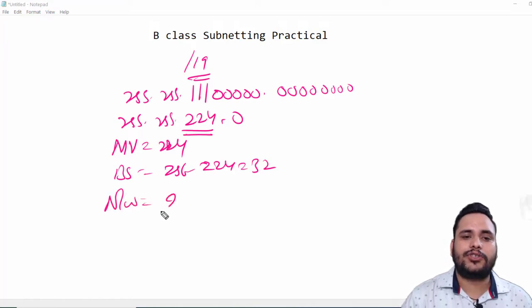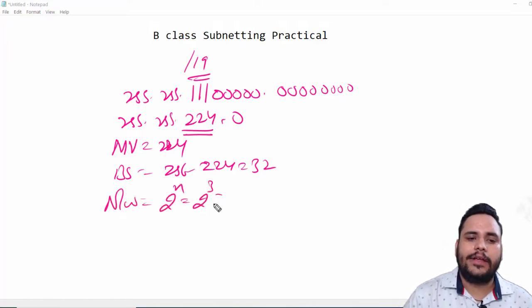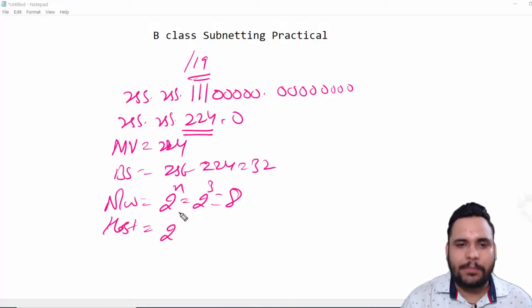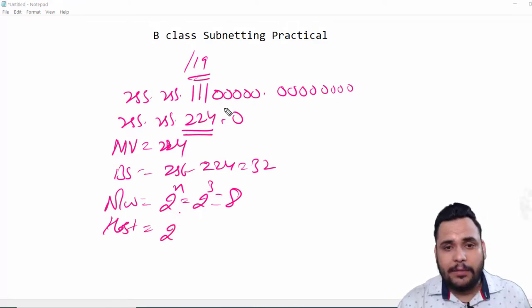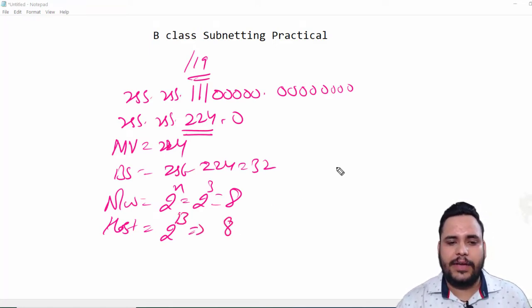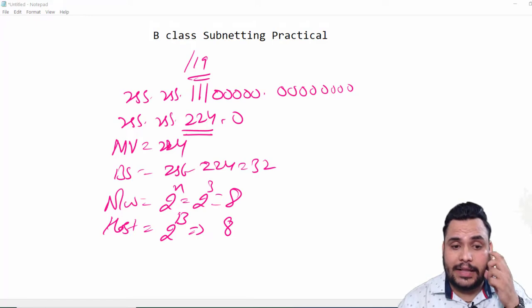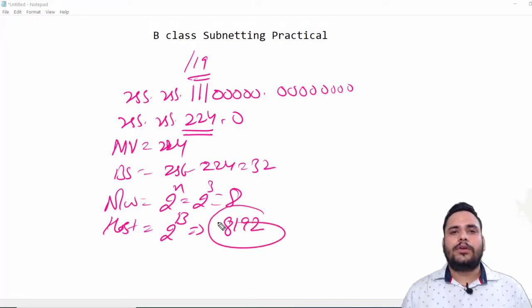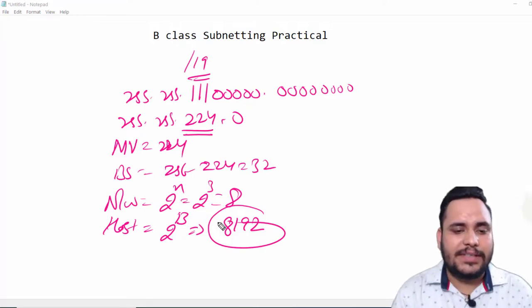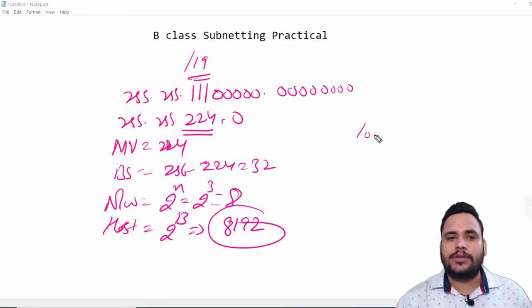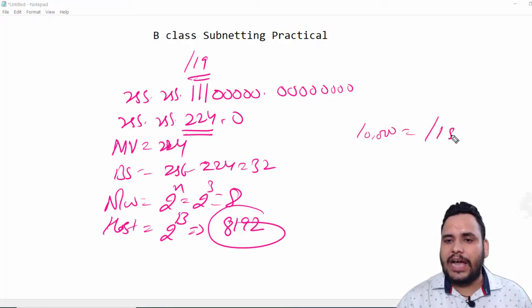Number of networks is 2 raised to power n, 8, but hosts are 2 raised to power 5 plus 8, which is 13, and we have to check 256 multiplied by 32. This is 8192, so the IP addresses in /19 are 8192. If we want to use 10,000 IP addresses, we need to use /18.